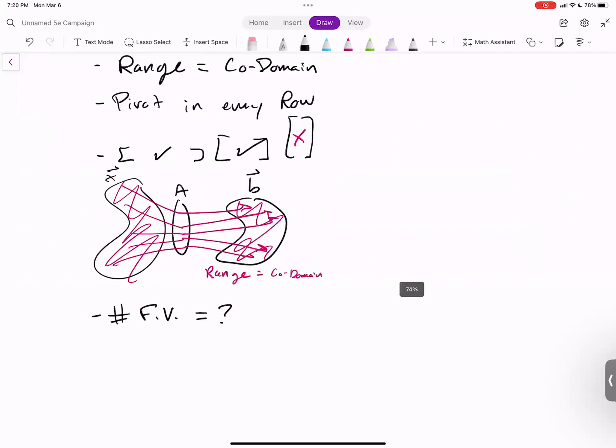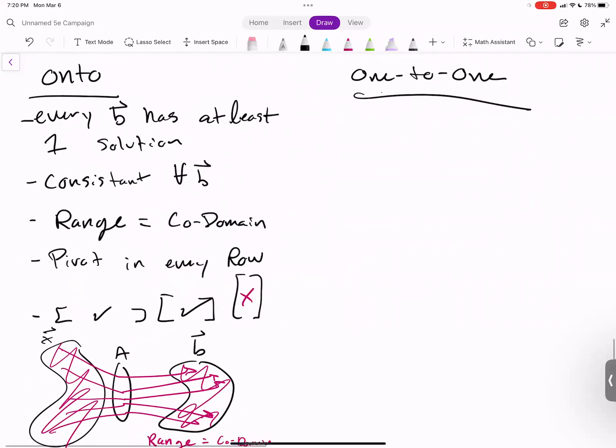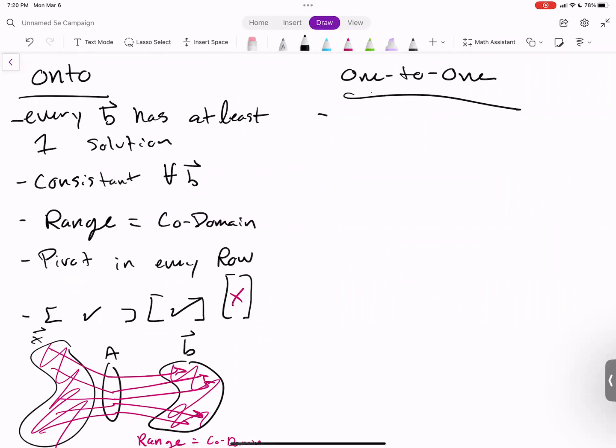So going off of these things, all right. For one-to-one, onto had at least one solution. What do you think it's going to be for one-to-one? At most one solution, right? Every B has at most.